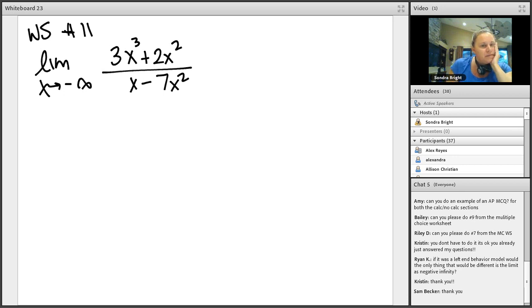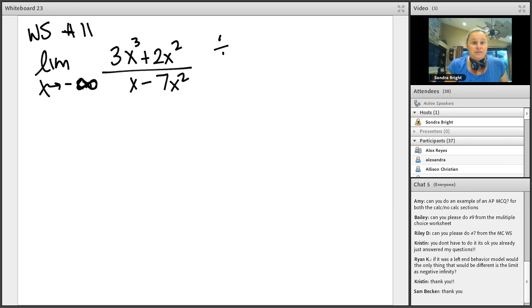Probably the best way, the way we did it last year in pre-calc, is to divide top and bottom by the highest degree exponent on the bottom.